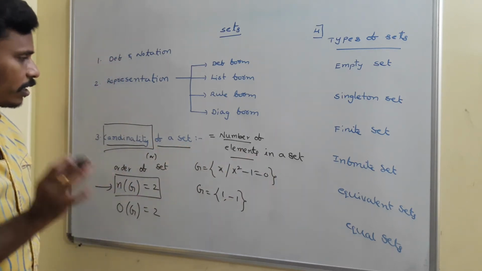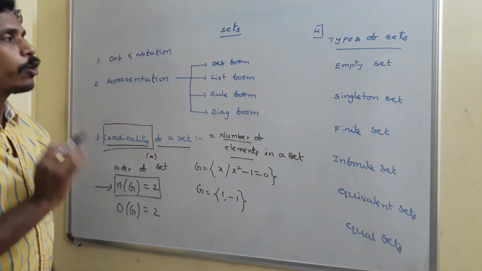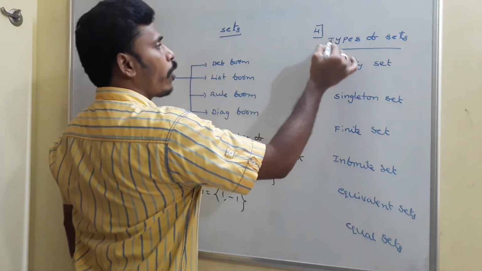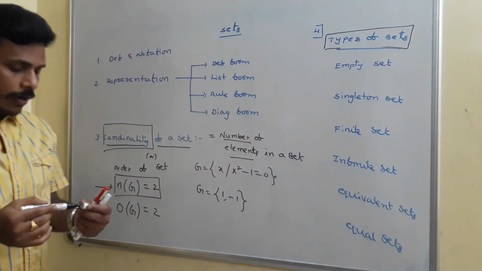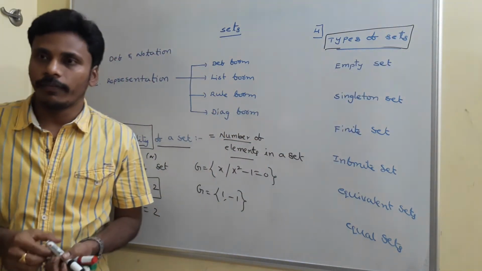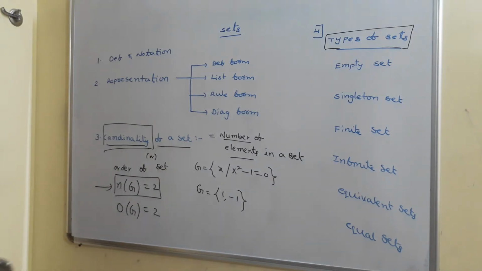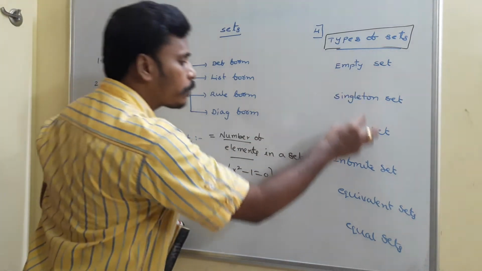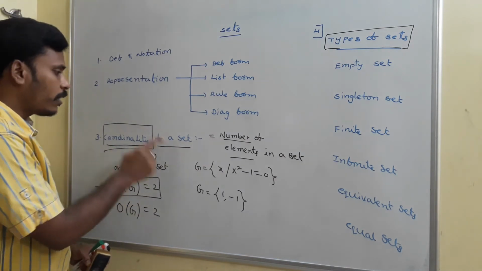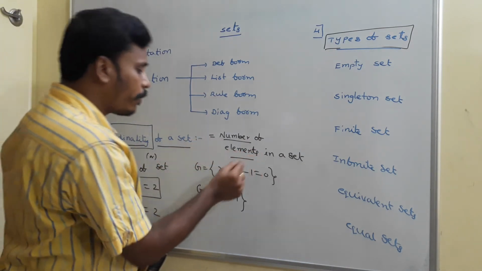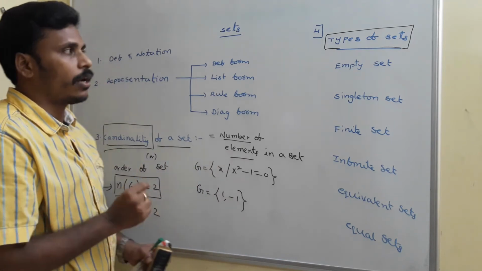This is just the third point. Now coming to the fourth point. The fourth point is related to the different types of sets. We will have different types of sets, and one by one I will give you. All these types of sets are based on the cardinality itself. As I mentioned, the number of elements in a set is called cardinality.